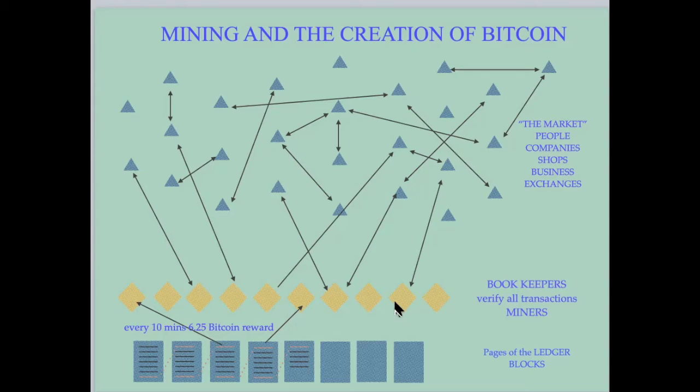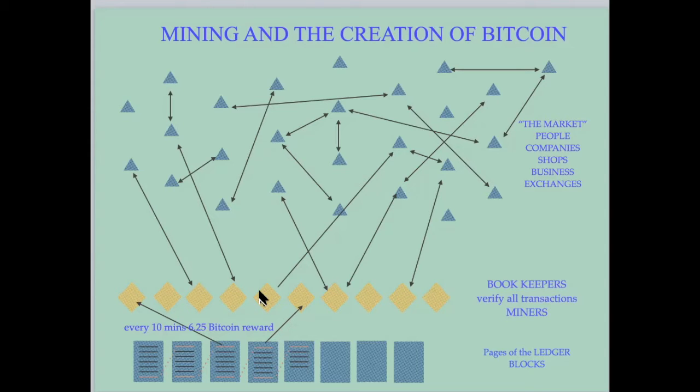Now, the person or the group that solves this problem, two things happen. One is the block gets sealed, i.e. no more transactions can go into it or leave it or transform or anything. It is sealed forever. That's the first thing that happens.